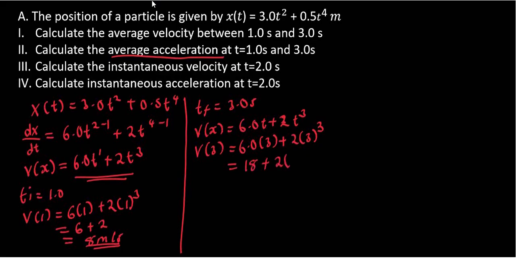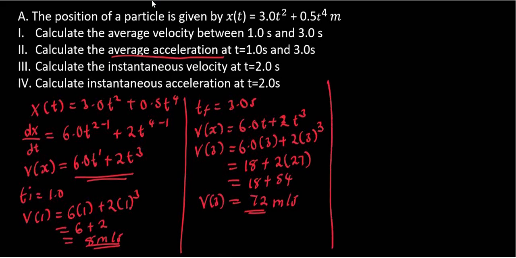Then 2 times 3 to the power 3, that is 27, giving 54. So you have 18 plus 54. What's the answer? 72 meters per second. So that is the velocity final.